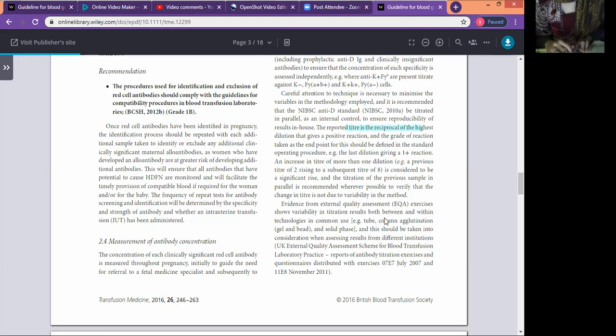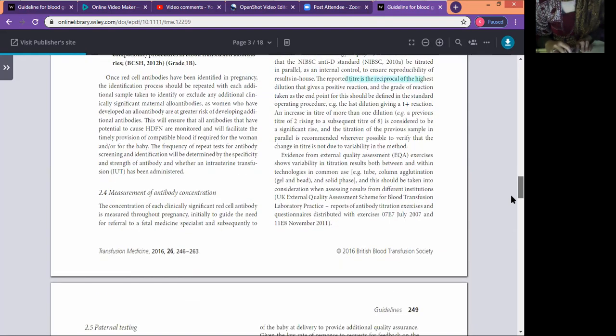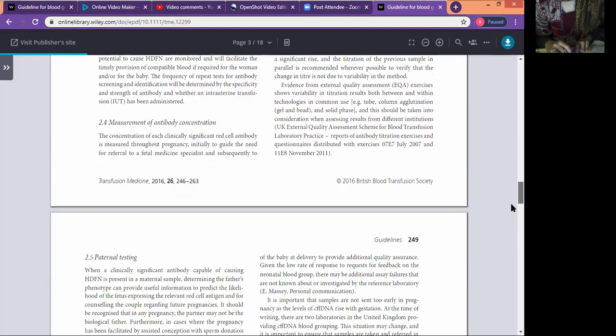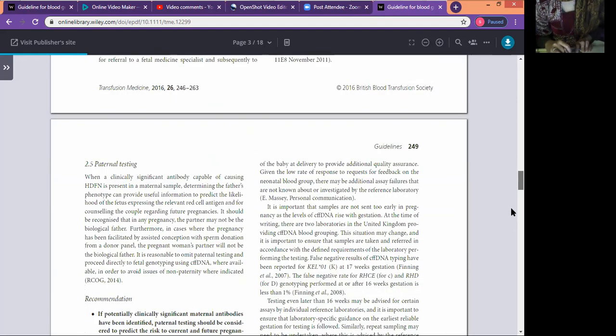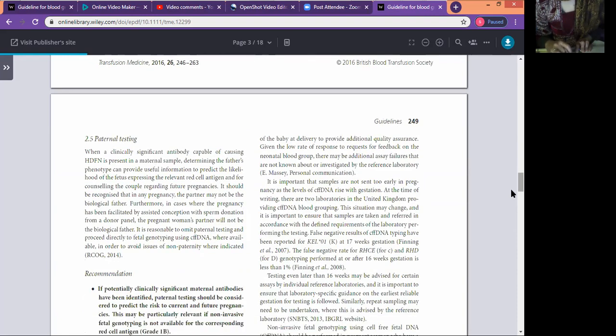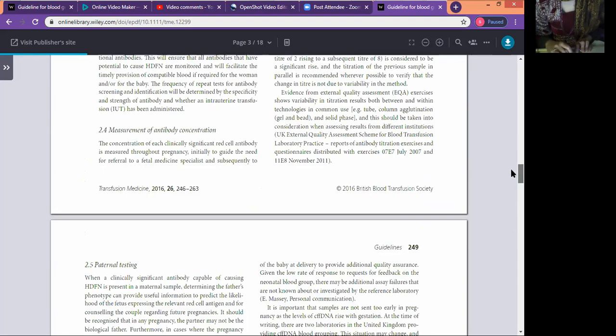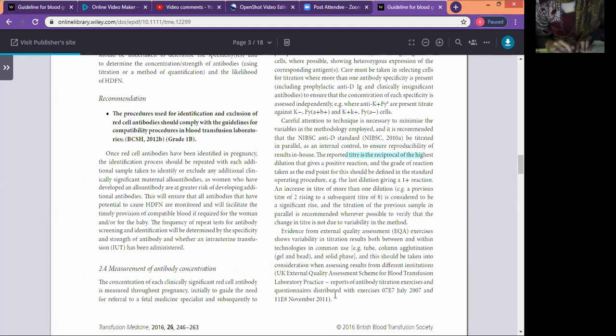So they've actually mentioned that along with this, after we have titrated this antibody by the double dilution method, we need to report this antibody as the titration value. We also need to mention the technique that was used to identify it, whether it was a tube technique, a continuous agglutination technique or a solid phase medium.